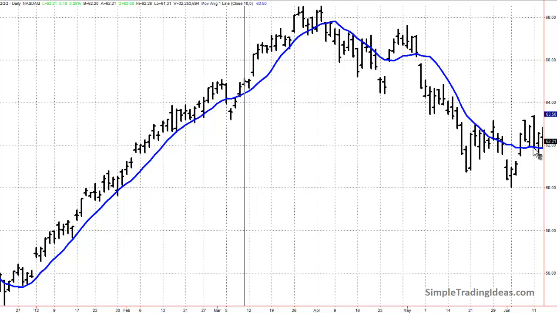Now what we're going to do is conclude this first section on using indicators to make trading decisions, and we're going to come back and look at using an indicator to create a simple trading system.